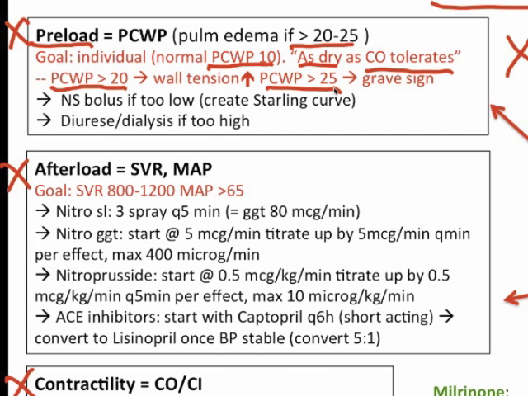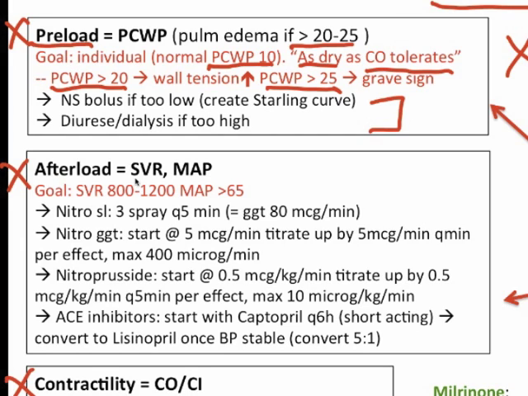So you can manipulate your preload either by giving normal saline boluses and create your own Frank-Starling curve, see whether the patient responds to volume, or diurese and give dialysis if the preload is too high, you need to get volume off. Next wheel that you can turn is the afterload.